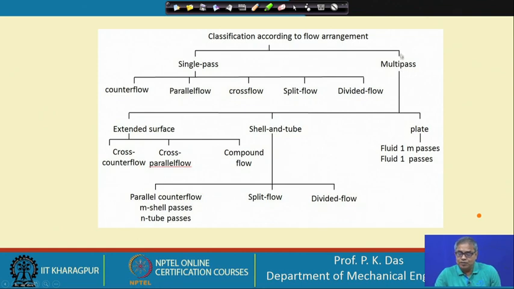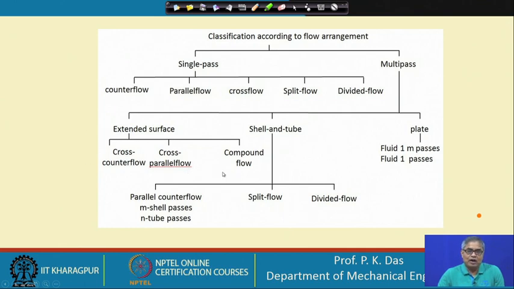Then there could be multipass, and shell and tube heat exchanger is one of the examples where we use multipass. So, in the shell and tube multipass heat exchanger, we can have parallel counter flow, split flow, divided flow. Then in extended surface heat exchanger, we can have cross counter flow, cross parallel flow and compound flow.